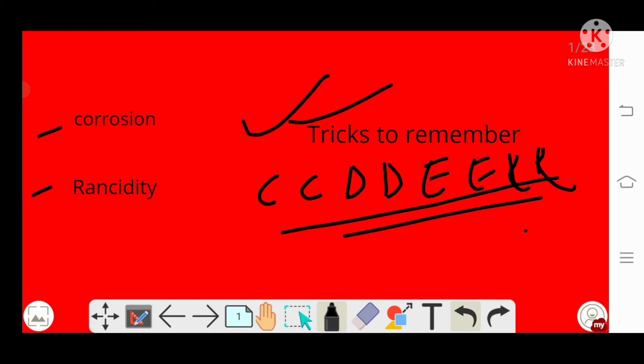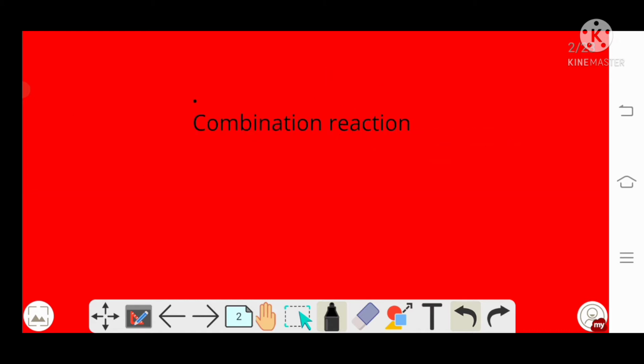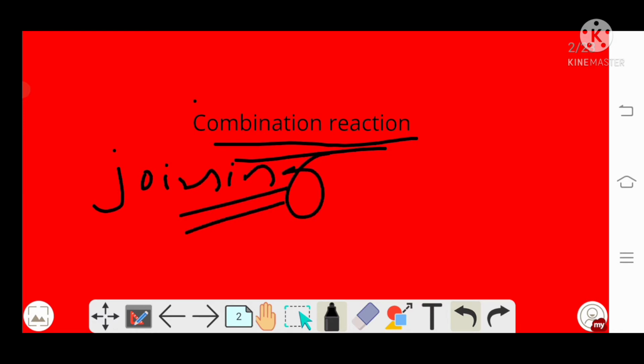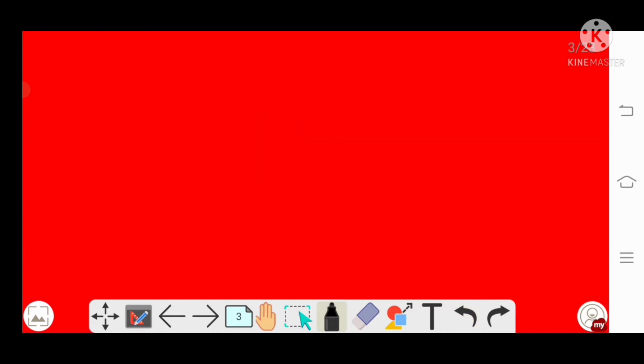First we will discuss combination reaction. What is combination reaction? Combination means joining. The reaction in which two or more compounds combine together to form a single product is called a combination reaction.